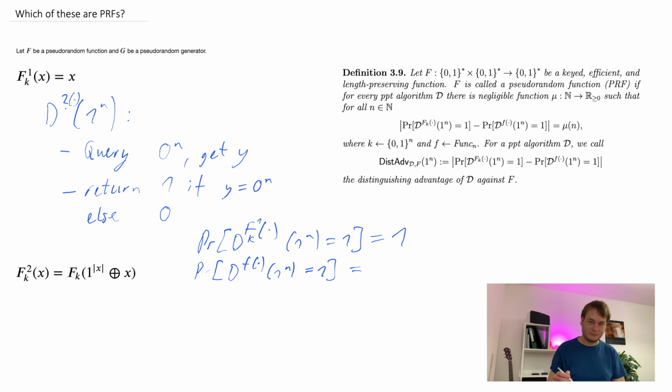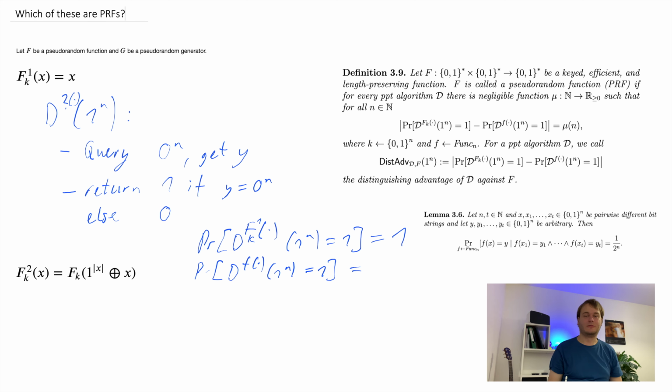So we have seen this lemma here, which is completely overkill for our application, but we can still look at it and learn something about properly random functions, because this lemma says that even if I query the function on multiple x_i's, and then I query the function on a new x that I haven't queried before, then the probability that I get some particular y is just 1 over 2^n.